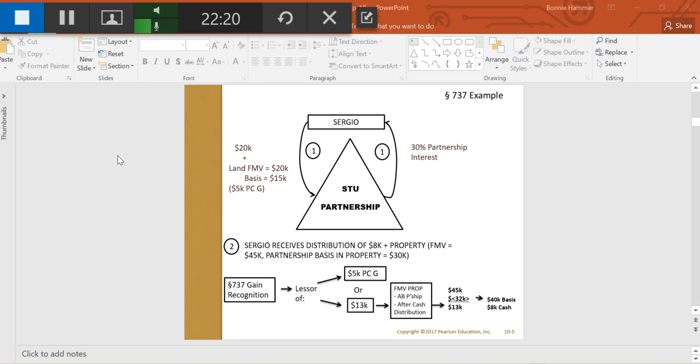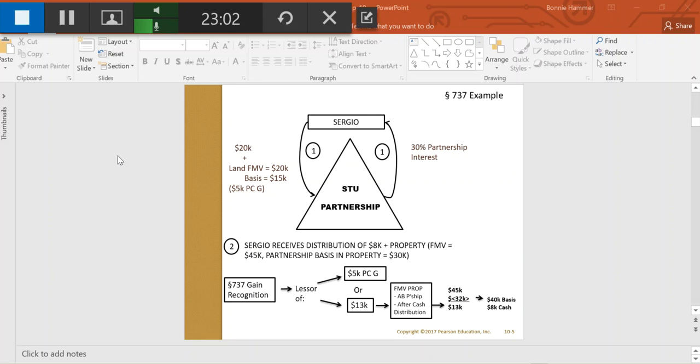When the partnership distributes some other property to the pre-contribution partner, we'll call him the PC partner, and where the fair market value of that property is greater than the partner's basis in his partnership interest, then there will be gain recognized by the PC partner equal to the lesser of the remaining PC gain, whatever the unrecognized PC gain or loss was, and sometimes some of that will get worn down.